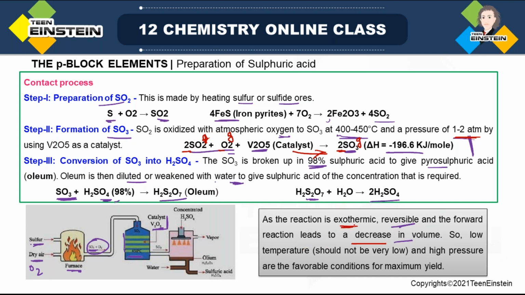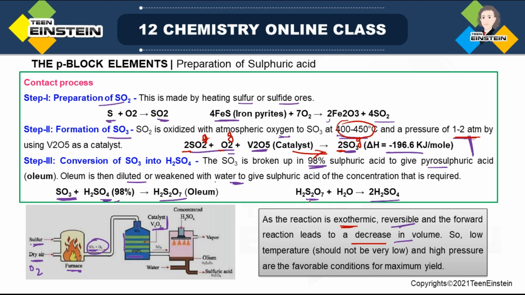And remember, it is exothermic also. So that is why low temperature should be maintained. But see, we are saying low temperature, but here it is 400 to 450. Why is it so? One thing you have to understand, that though it is exothermic, and we know that exothermic means energy is released. So according to again Le-Chatelier principle, if you are increasing temperature, the system will move towards that side where heat is absorbed.